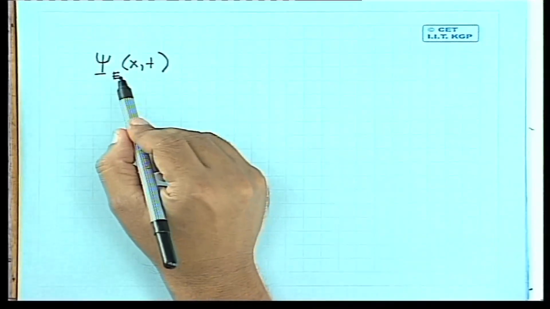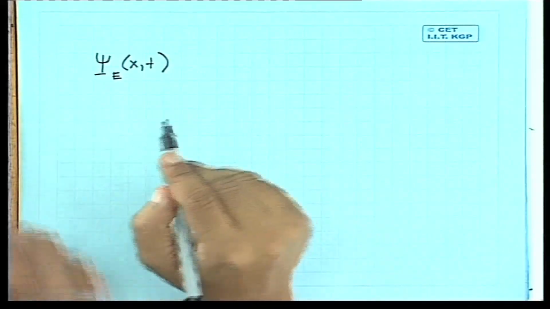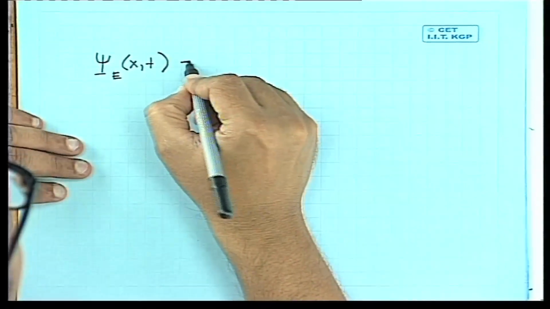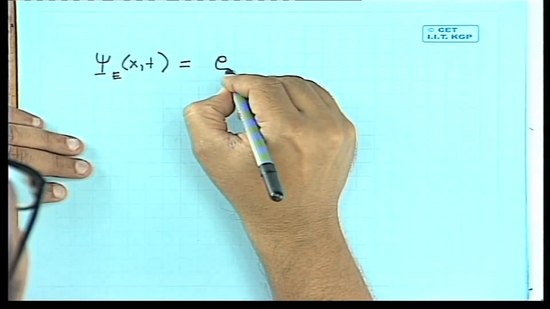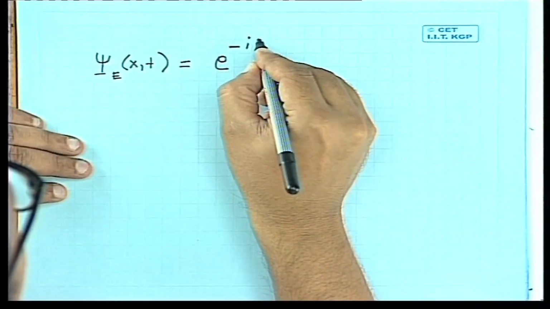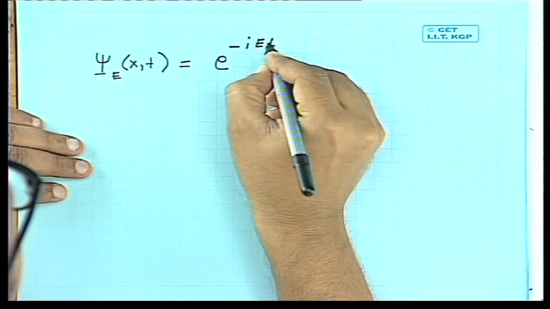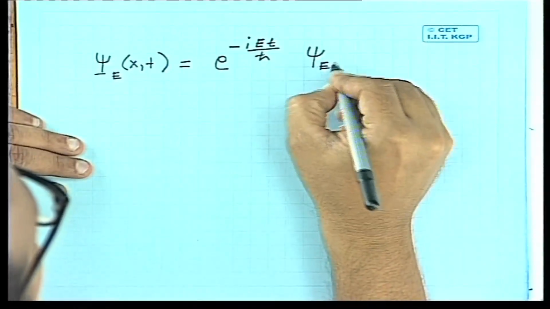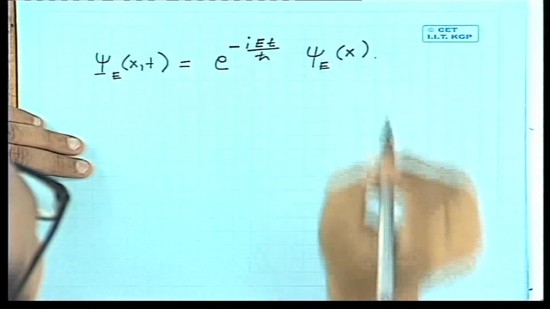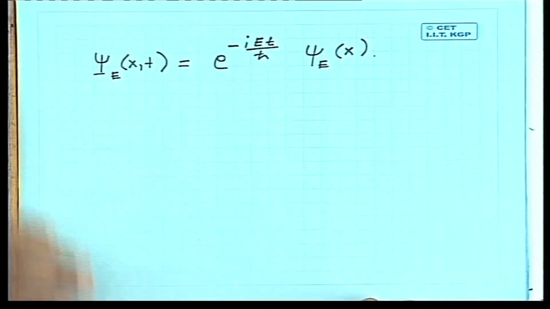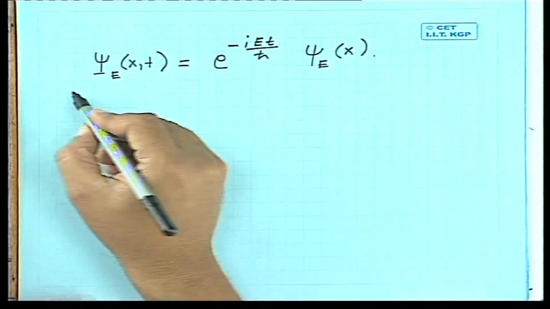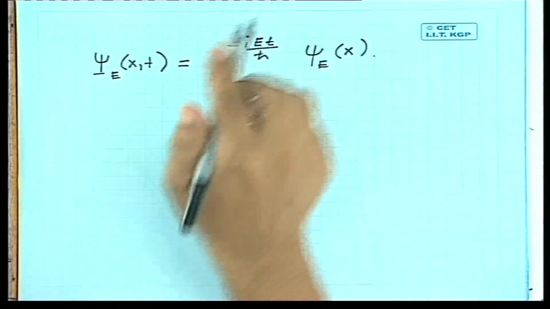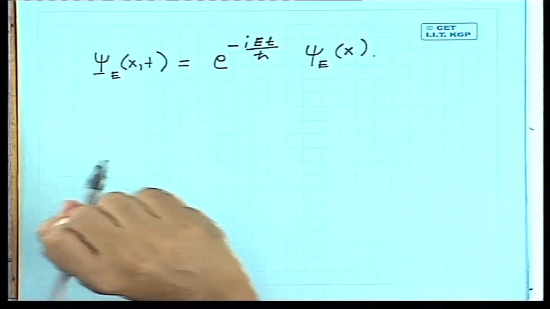So these are all solutions which are different energy eigenvalues, or they are eigenfunctions of the Hamiltonian operator, and this has got a very simple time dependence, which is e to the power minus iEt by h cross into some function of x. So this is a general form of the solutions of the time independent Schrodinger equation.